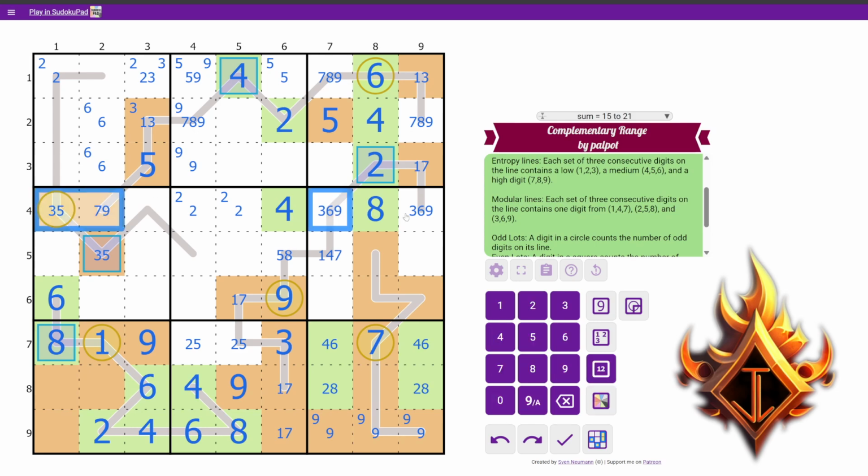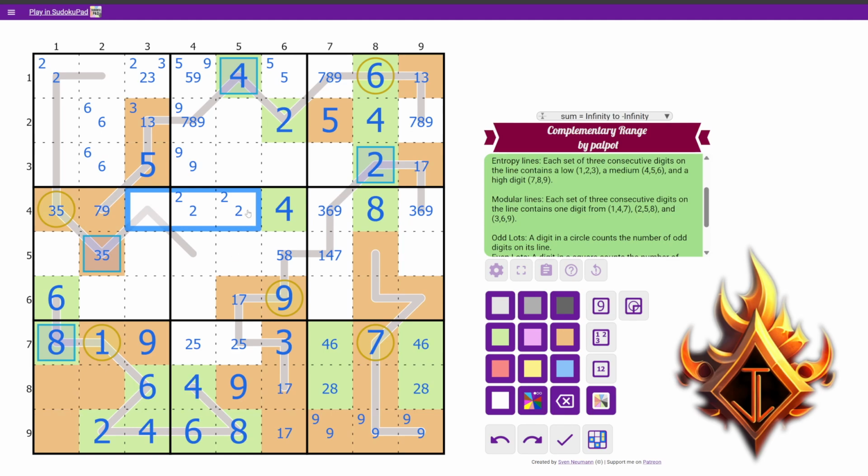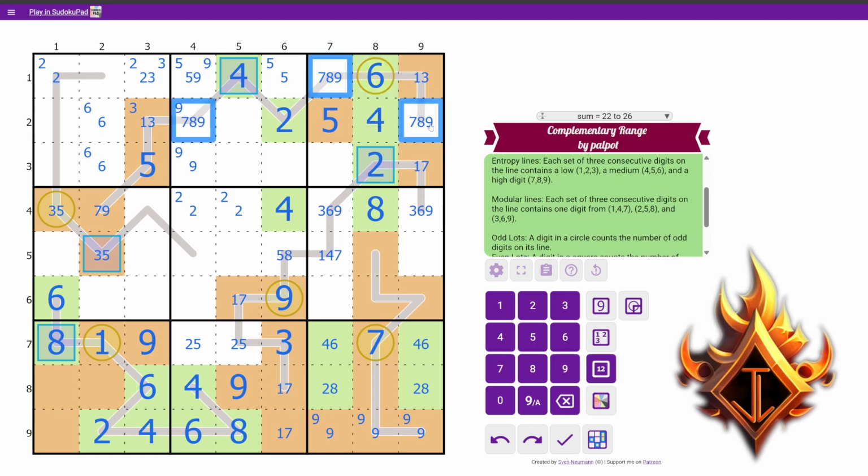3, 5, 6, 7, not quite a combo. I don't see a 1. Doesn't seem to matter. Did I make any other odds or evens? No, but I do need one more even on this line. There, or there. Which is fine.